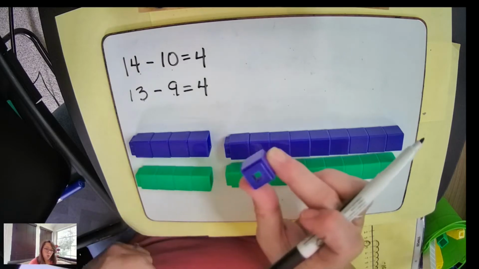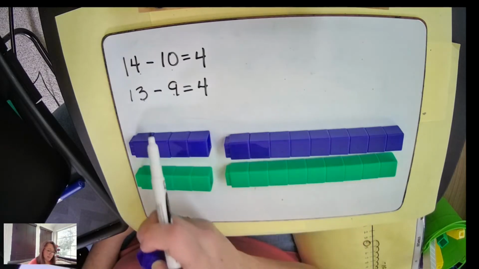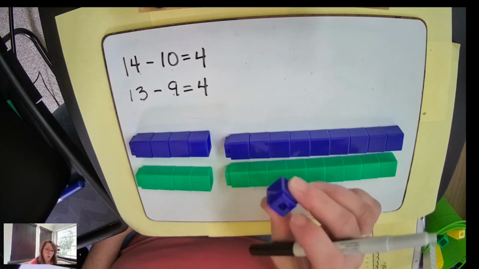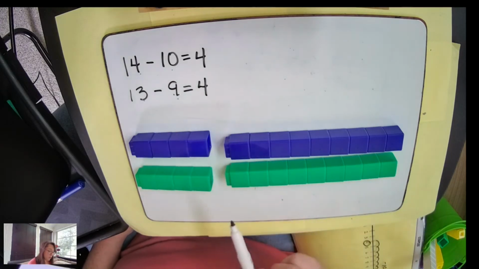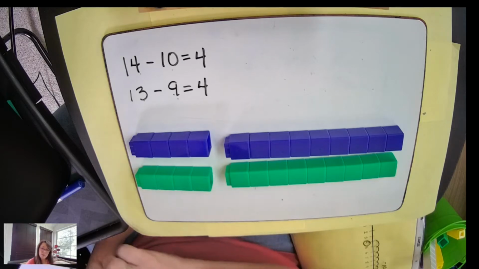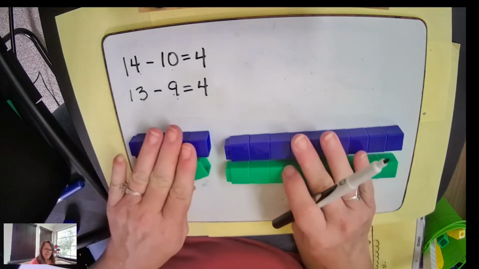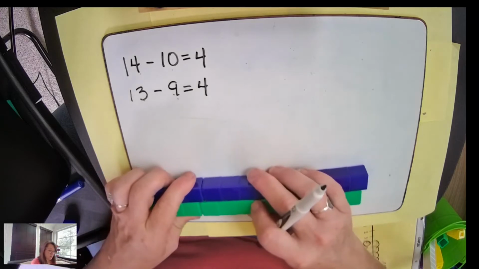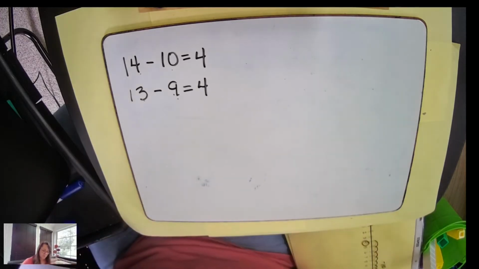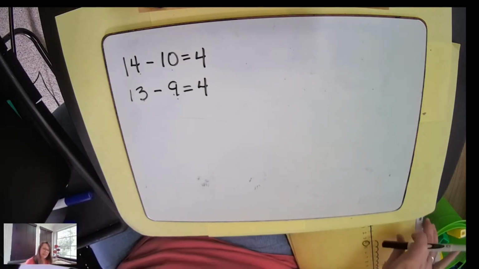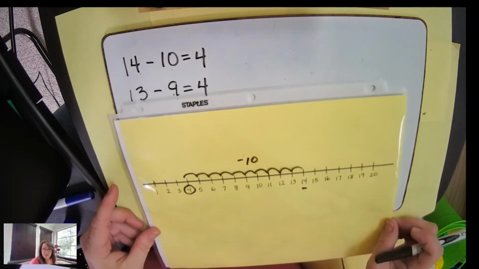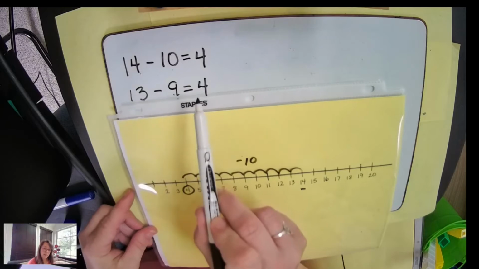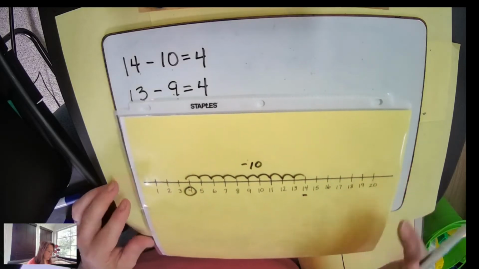So by taking 1 away from the 14 and taking 1 away from the number we're subtracting, we have the same problem. Let's see what that might look like. That's very interesting. Let's look back at the number line that we used for 14 minus 10.